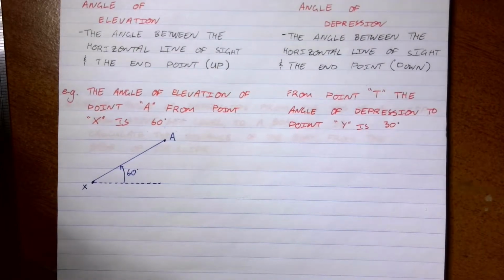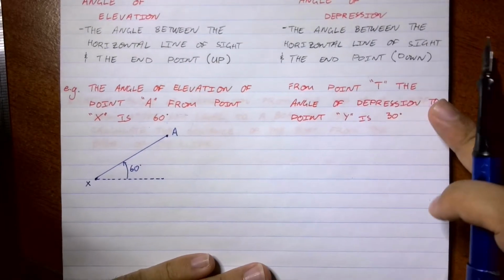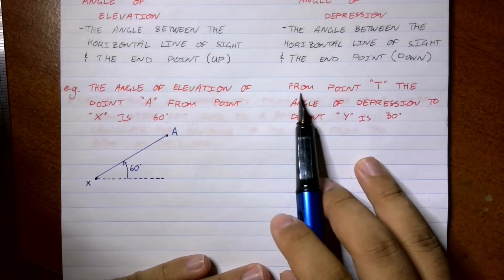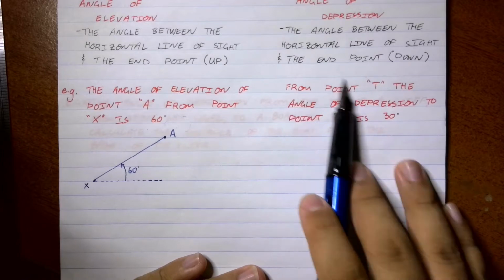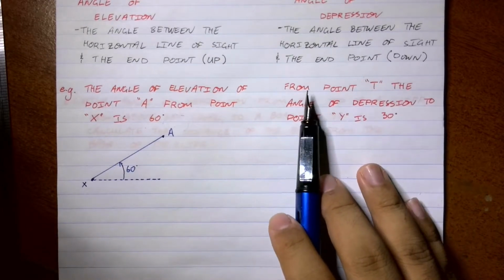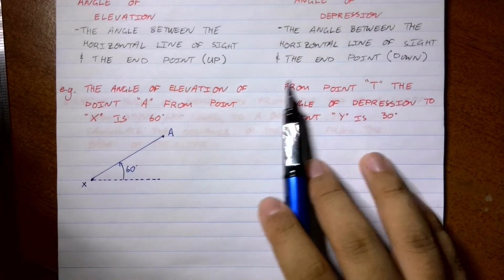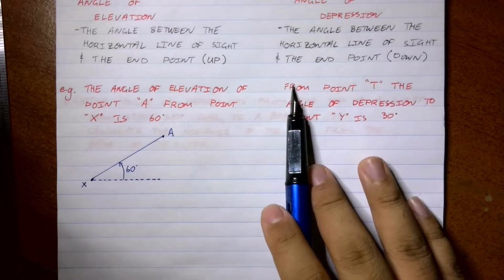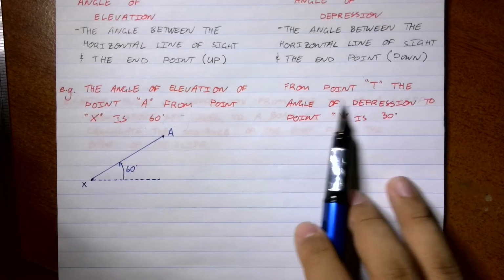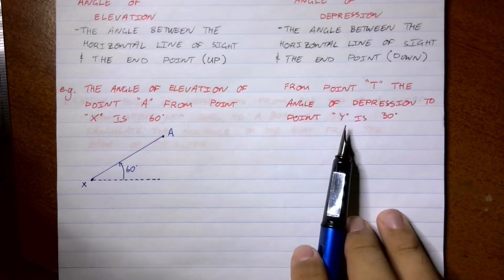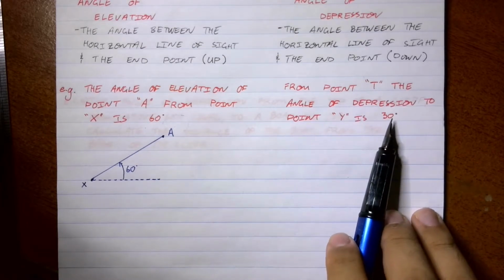And similarly, but using the word depression, from point T, notice how the phrasing of the word might change, but almost always you find this word from. Okay, so from point T, the angle of depression to point Y is 30.